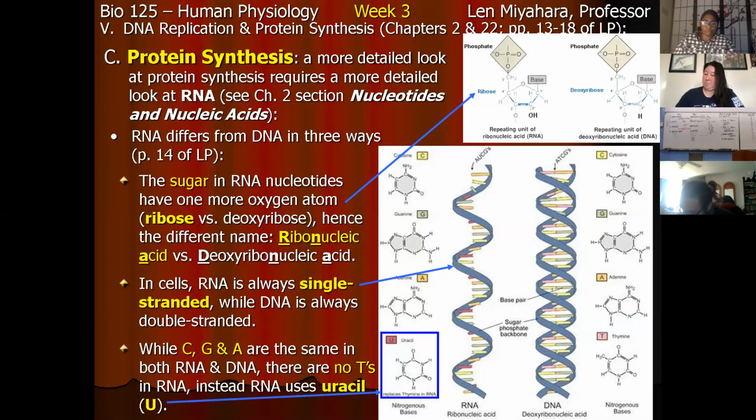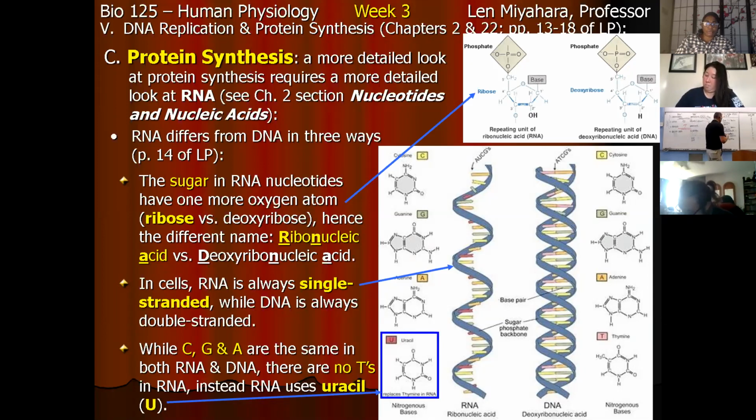Third, there is one different nucleotide. So in RNA, we're going to connect that here with what I have on the whiteboard. There is no thymine. Instead, a very similar pyrimidine called uracil.